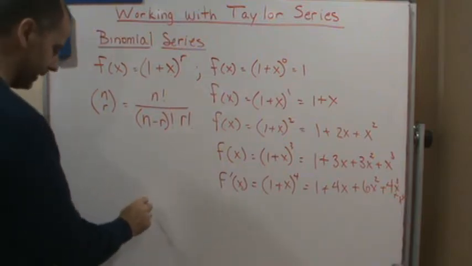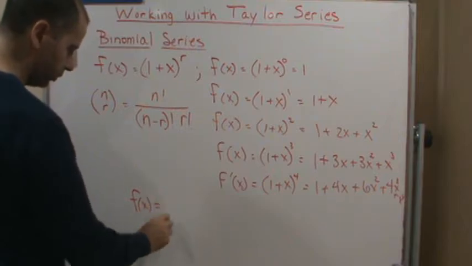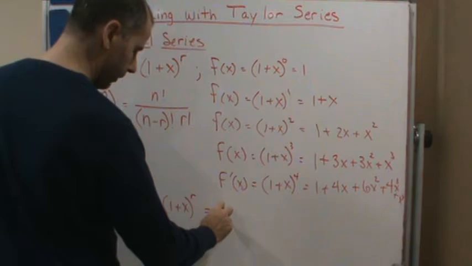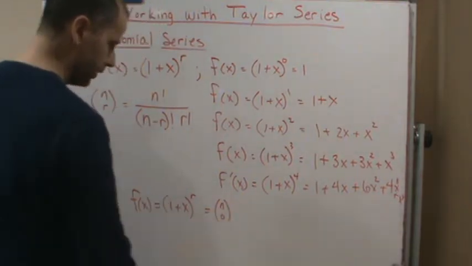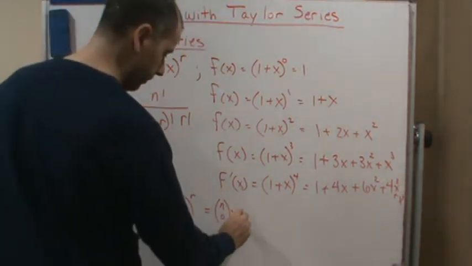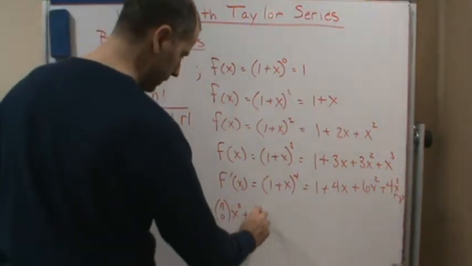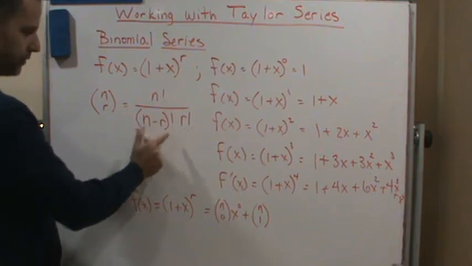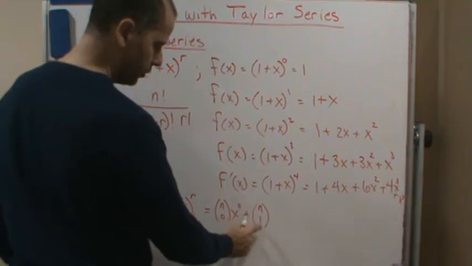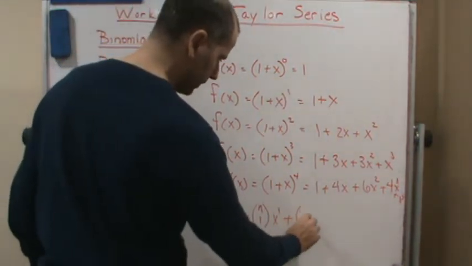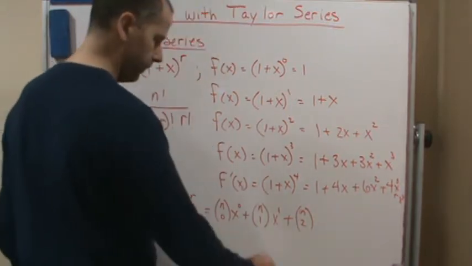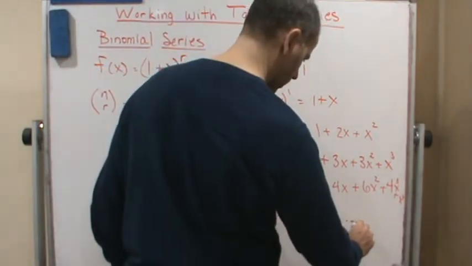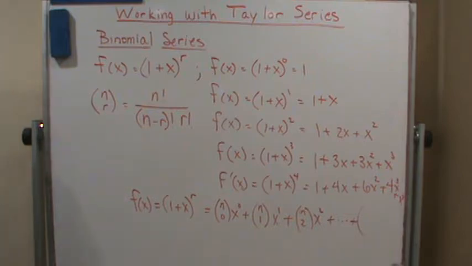What we find is that if we take f of x equal to 1 plus x to the r, this is going to equal n choose 0, x to the 0, plus n choose 1, x to the 1, plus n choose 2, x to the 2, all the way to n choose n minus 1. Again, these symbols are combinations, and it just means this formula.